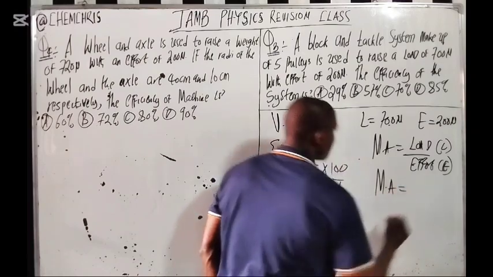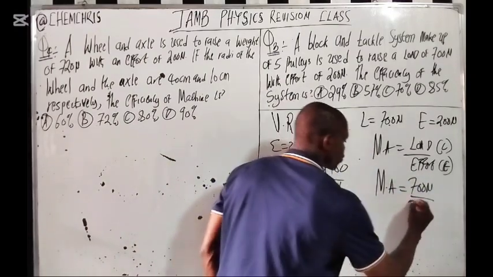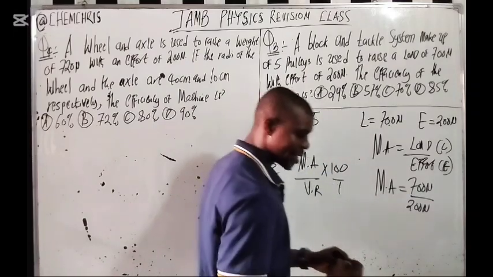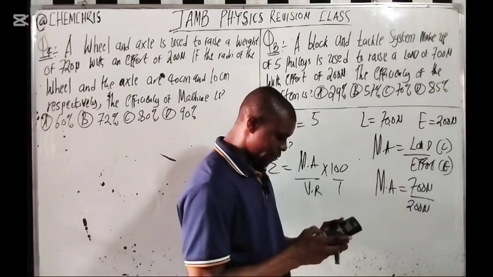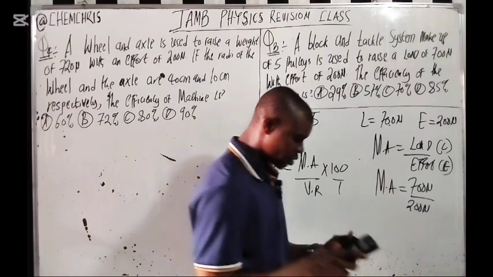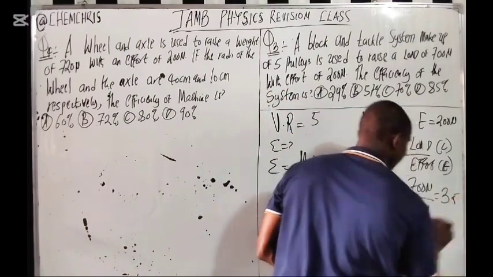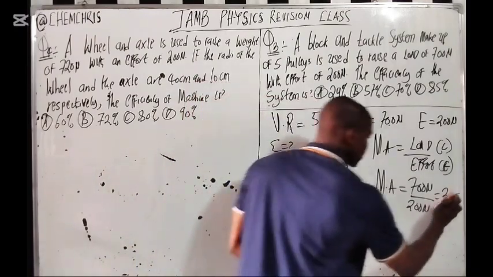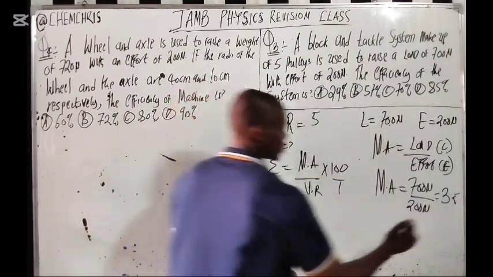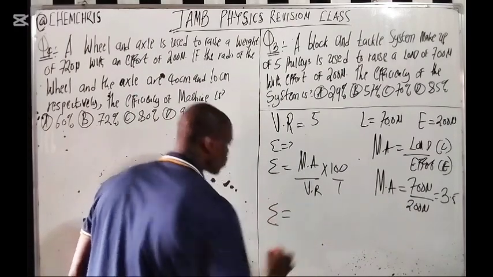My load is 700 Newton, my effort is 200 Newton. So 700 divided by 200 gives us 3.5. So my mechanical advantage is 3.5.